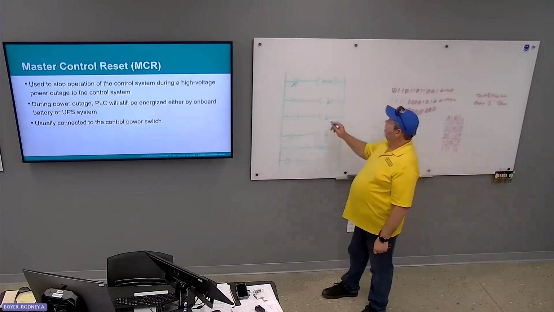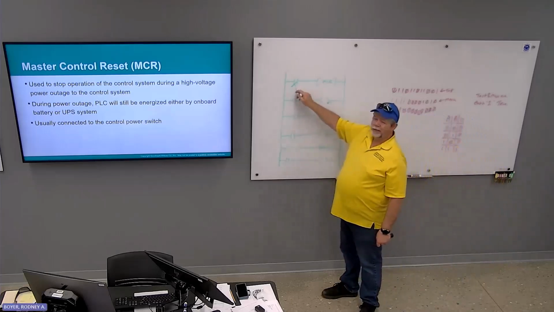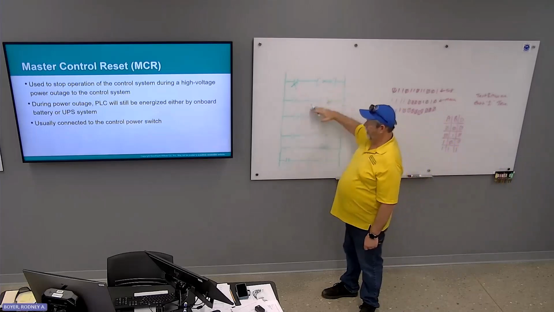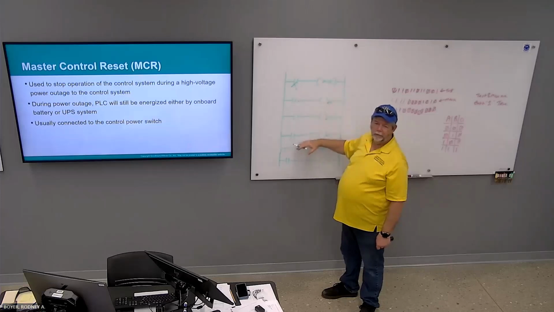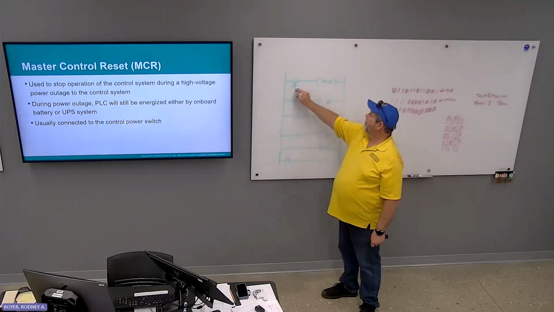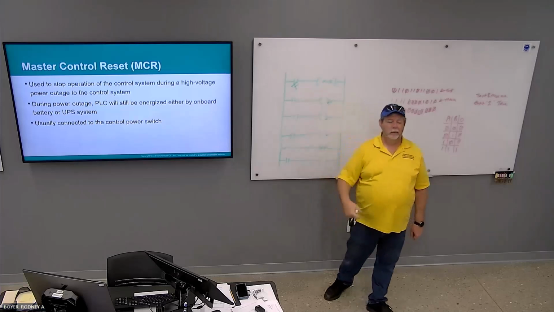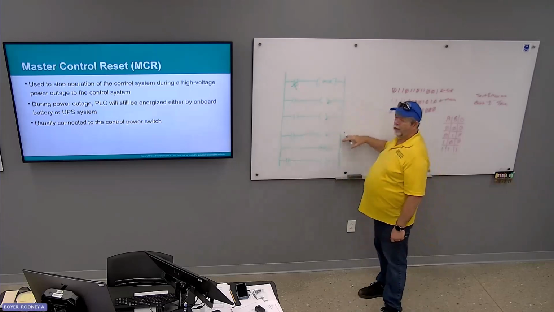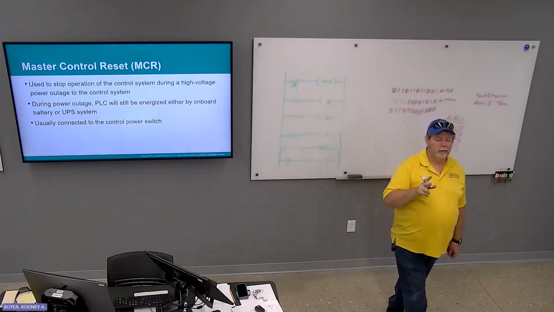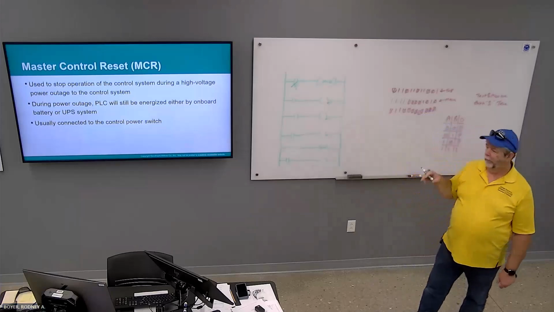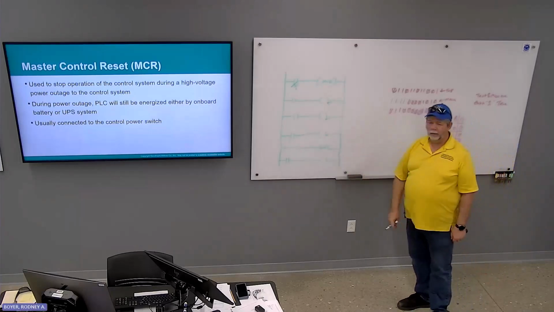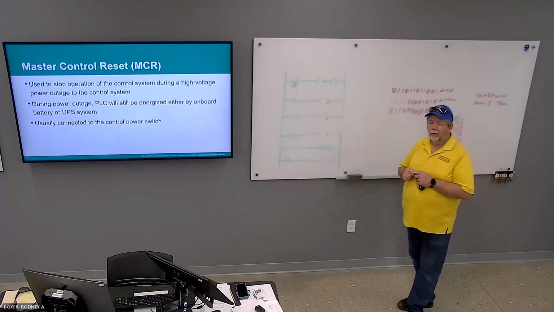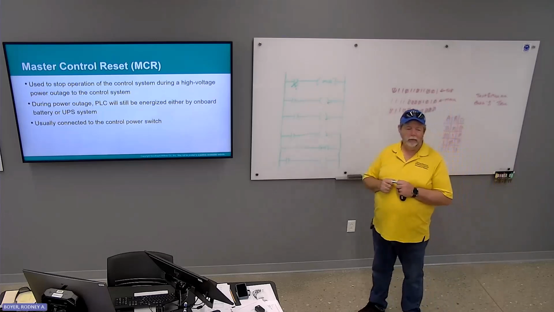So, as long as this evaluates as true, MCR is on, it'll do everything in between. If that evaluates as false, MCR shuts off. Everything in between will also turn off. And it'll go here and continue on. That's the major difference between jump, label, and MCR.